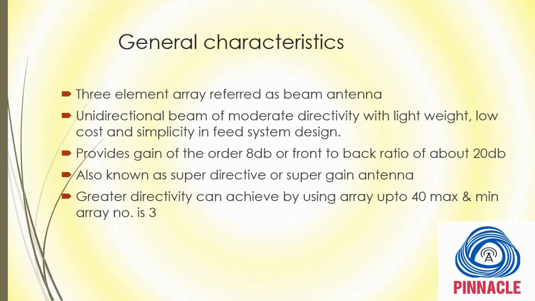Greater directivity can be achieved by using an array up to 40 elements maximum, and the minimum array number is 3. A bandwidth of about 3% is obtainable. This much bandwidth is sufficient for television reception.